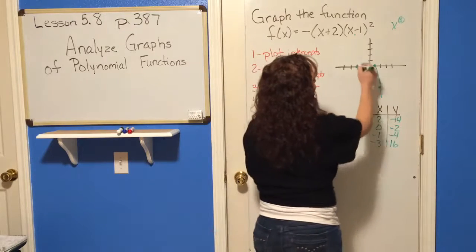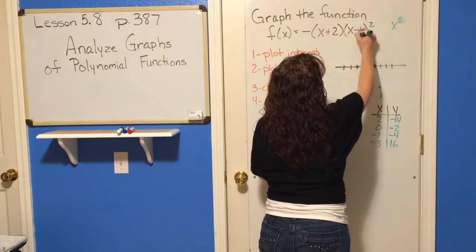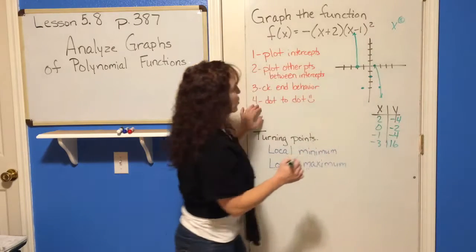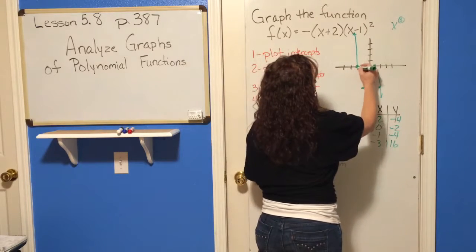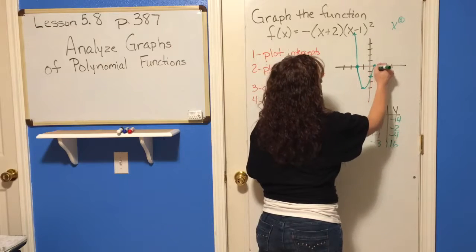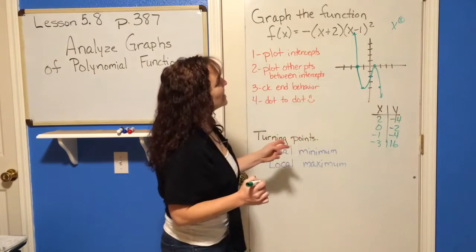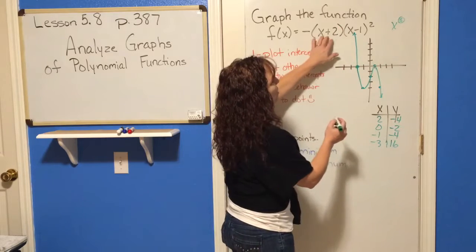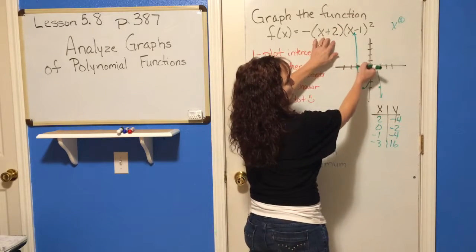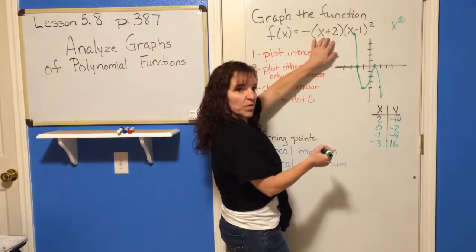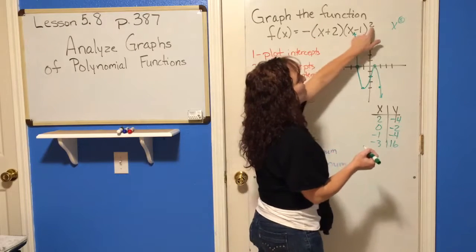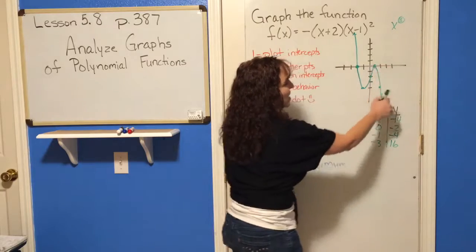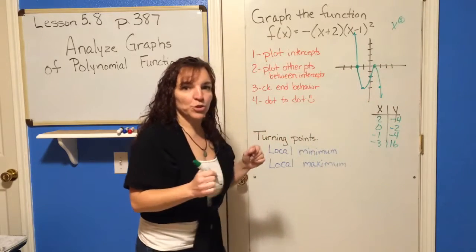So we want this end to end up, and that is actually what it does. So then we're just going to dot to dot and make sure that what we've done is right. And now we can see that, yes, indeed, because there's just one zero here, this is going to go through the x-axis, and this one, because it's squared, it's going to go right up to the axis, and then it's going to flip around and turn down.